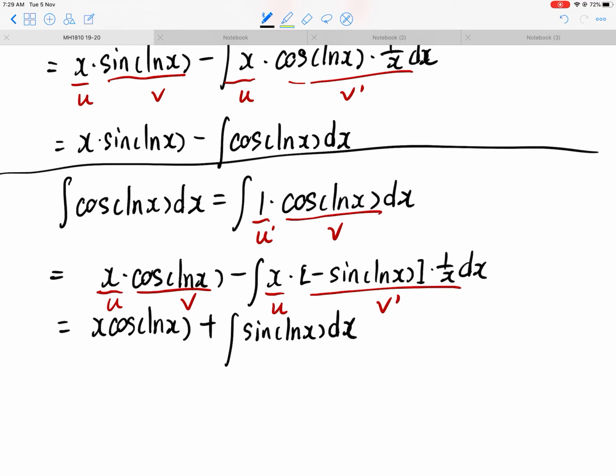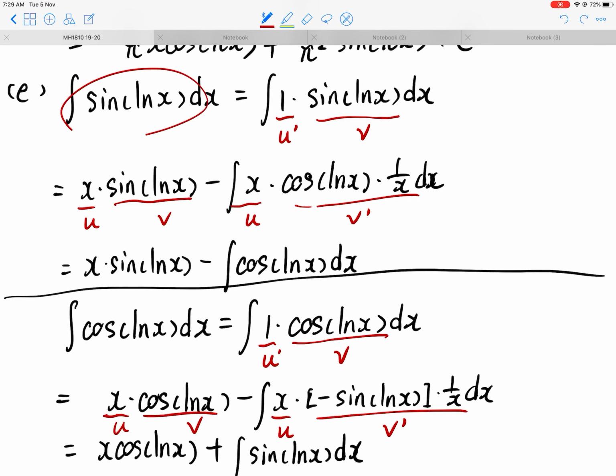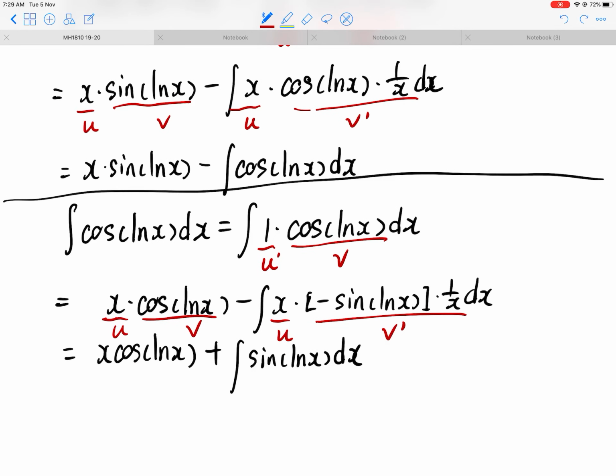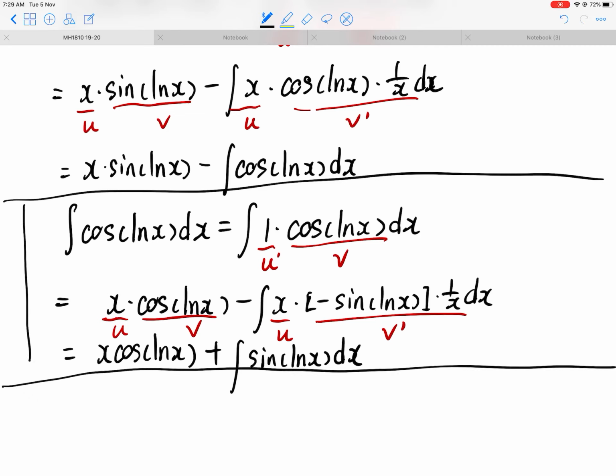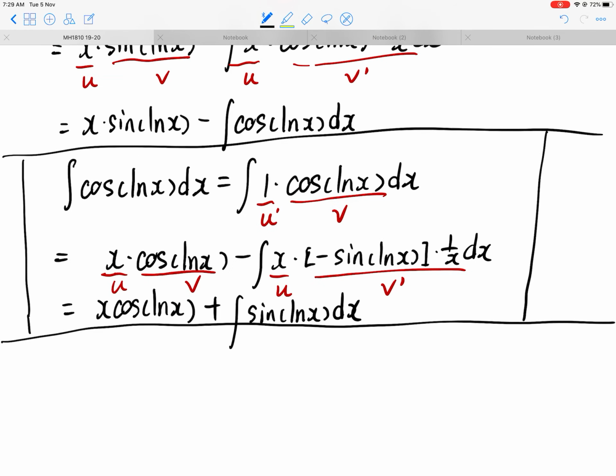Here's something interesting. This is some formula of sine ln x integration, and this is some formula of cosine ln x integration. So we can do the substitution now. We come back to this equation.